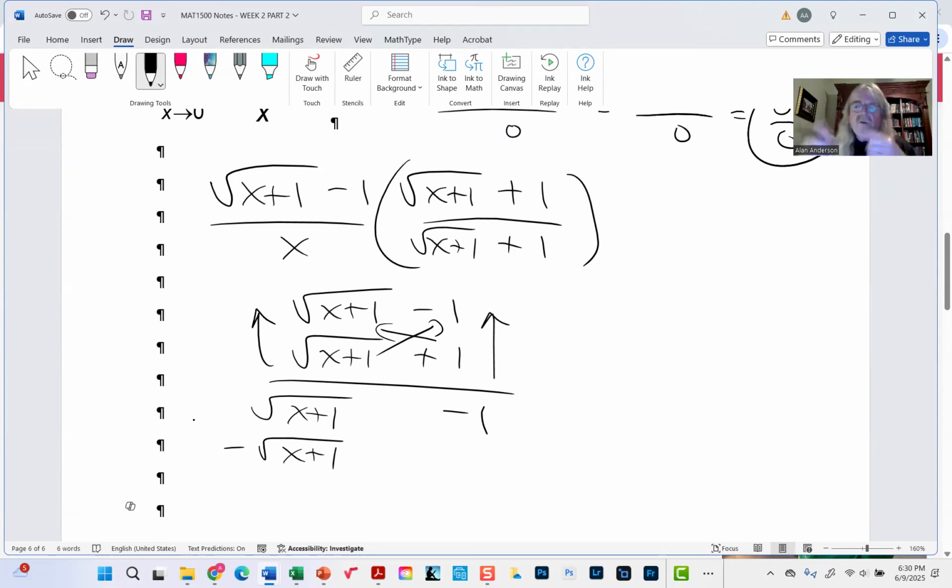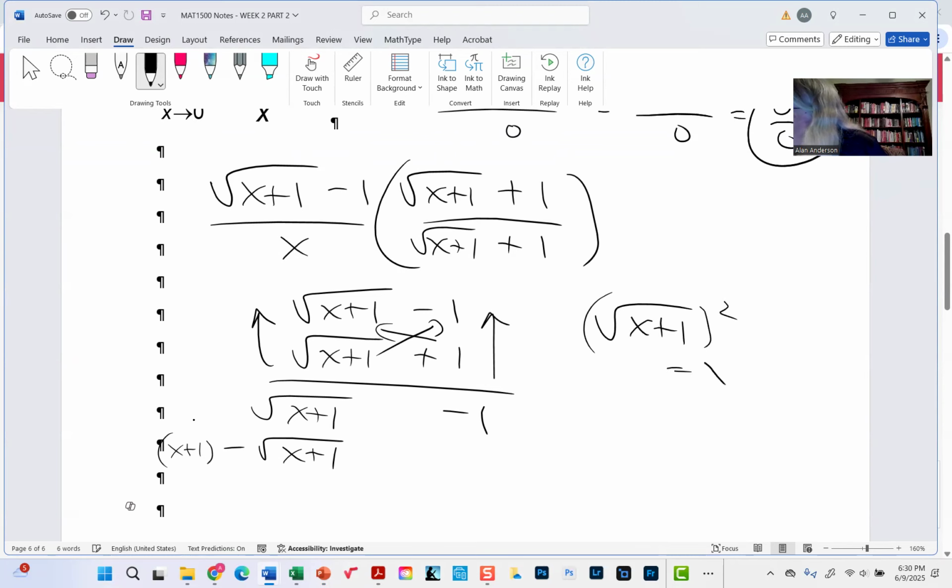So basically, all you're doing is multiplying all of them together. There's four multiplications that you need to do. The last one is you're multiplying radical x plus 1 times itself. You're just going to wind up with x plus 1.